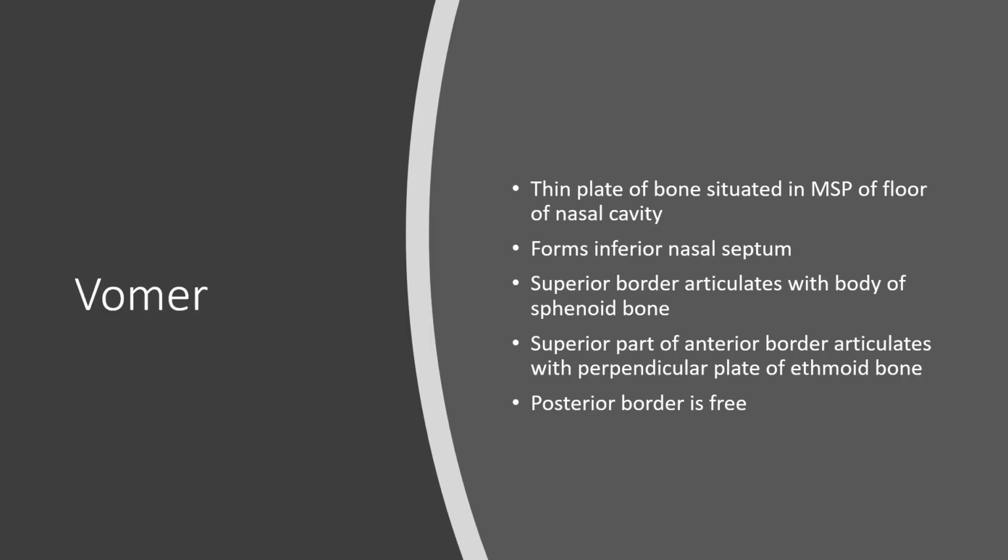The vomer is a thin plate of bone situated in the mid-sagittal plane that makes the floor of the nasal cavity, so slightly superior to the palatine bones and anterior to.